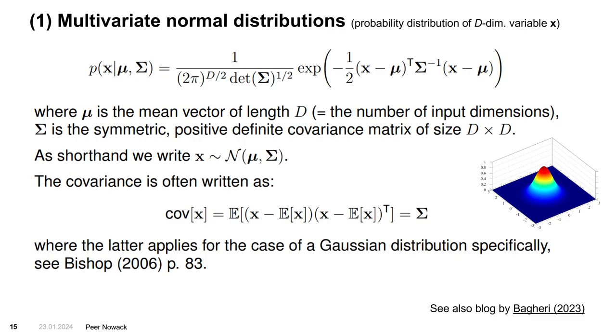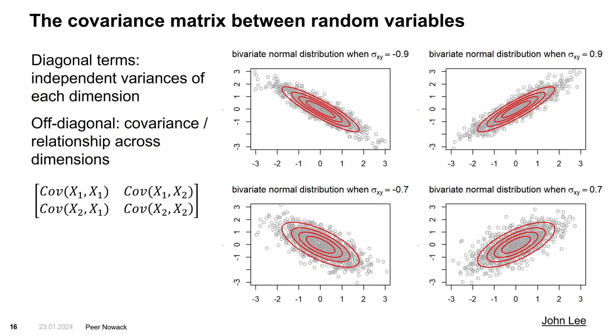And again, I point to Bishop for some of the derivations here. And if you want to look into multivariate normal distributions, there's a super long blog by Bagheri, which is linked here. So just in case you need to brush up on some of these concepts. So covariance is where the relationship between variables with a probabilistic interpretation comes from.